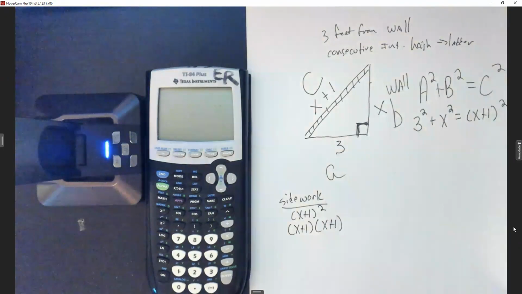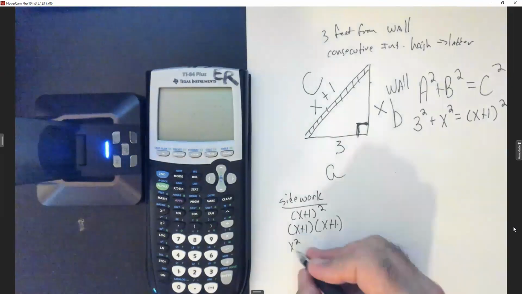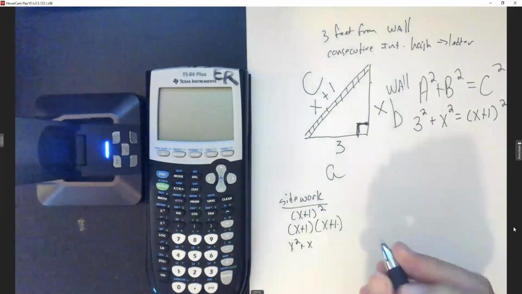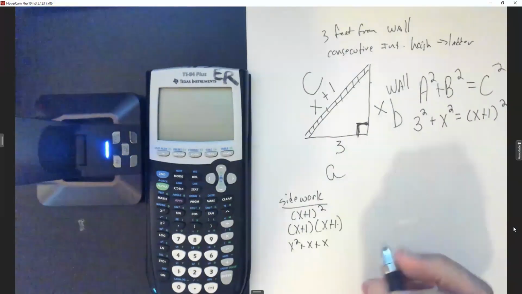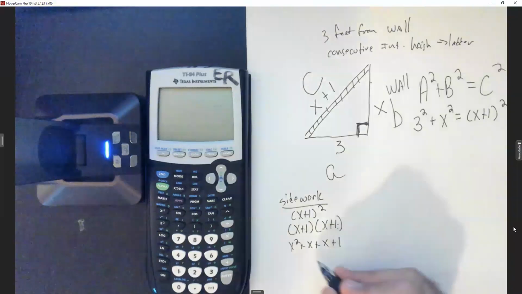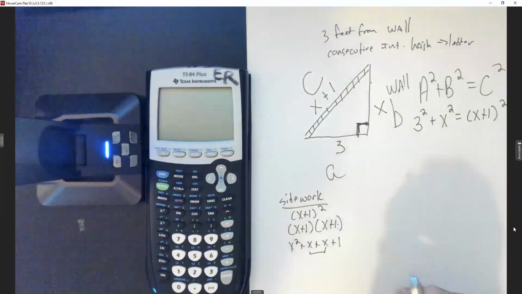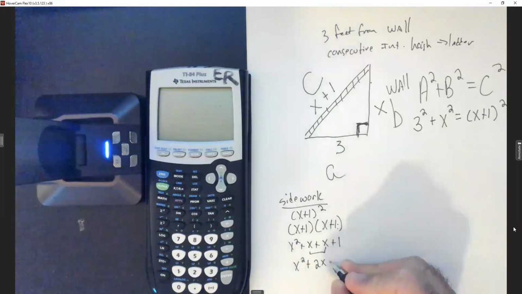So x times x is an x squared. x times 1 is a 1x. 1 times x is a 1x. And then 1 times 1 is a 1. And then probably add them like terms. So you get an x squared plus 2x plus the 1.